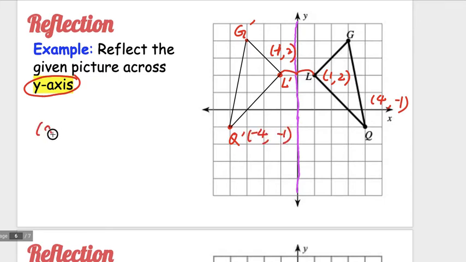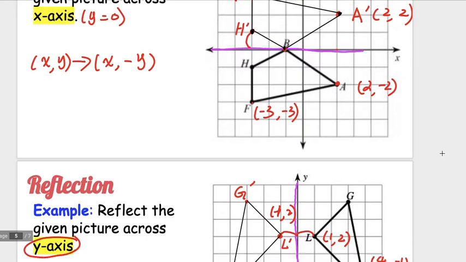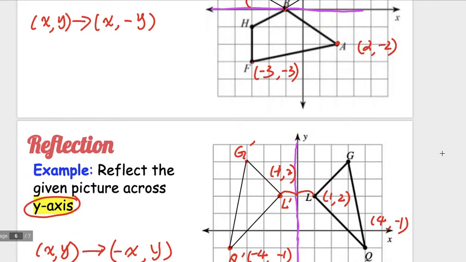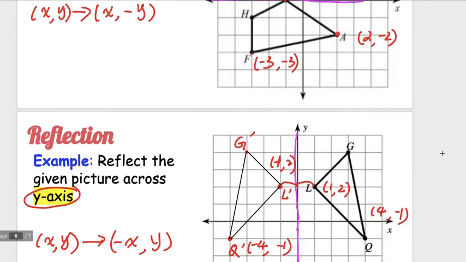So whenever we reflect across this line, the rule becomes x will change to the negative sign, and y stays the same. It's actually very different from the one we had before. If you check that one, y becomes the opposite and x stays the same, right?